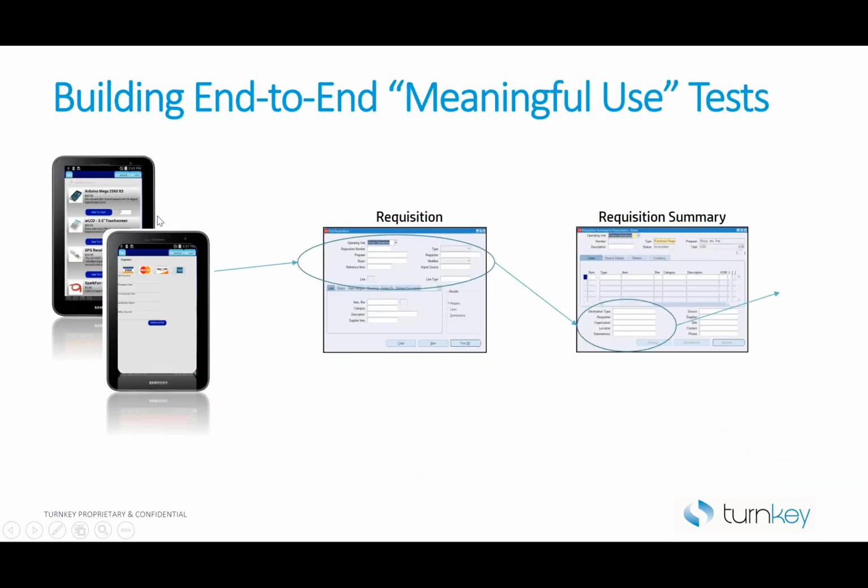Testing is conducted to ensure an application or multiple applications are able to perform the business processes and logic they were built for. Are they working as expected and meeting the defined business requirements? As more and more objects are delivered, automated test cases can be strung together, building full end-to-end meaningful use tests that ensure business processes and logic are working as expected.